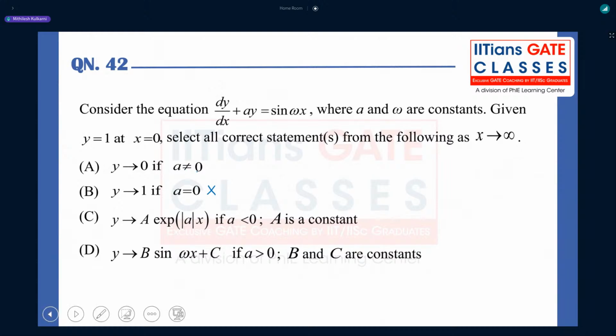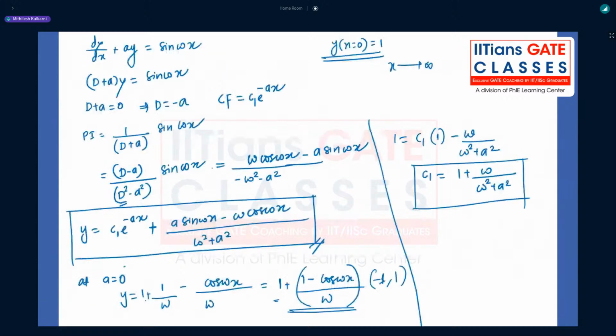Also, if you see a is non-zero, then y also cannot be equal to 0. Why? Because in C1 we got 1, so there is always one term, 1 plus some other terms will come, and they will not cancel out, even though A is non-zero. Because we will have sine omega x term, we'll have cos omega x term, and they are not always equal, right?